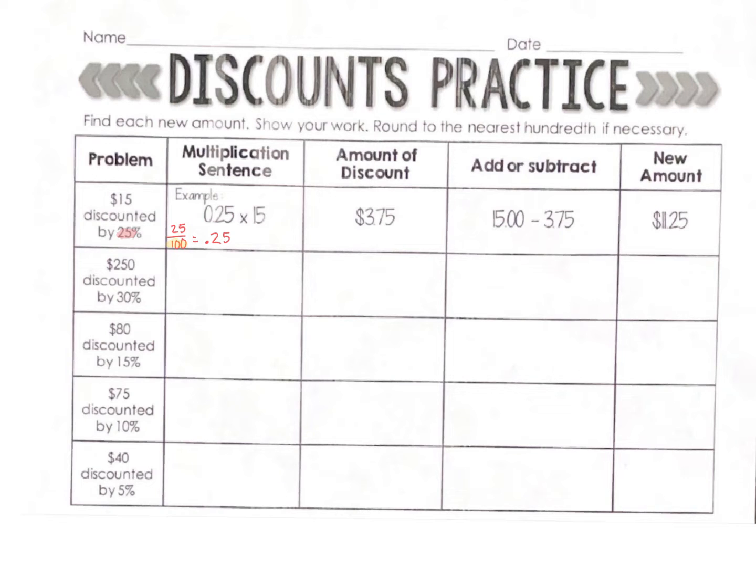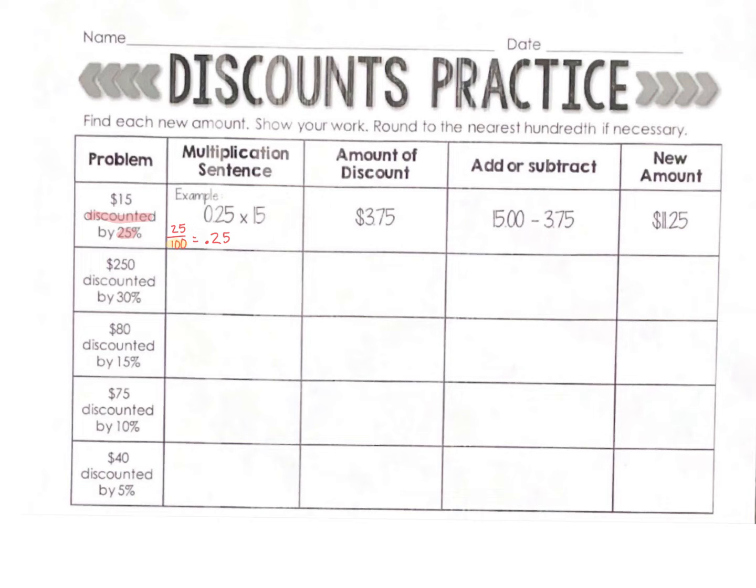So now we do our sentence like I said. We take our percent, 0.25, times the total, which is 15. And when we do that, 0.25 times 15, we get an answer of $3.75. Now, the next thing to determine the new price is you have to determine whether you're going to add or subtract. Well, a discount is a decrease.